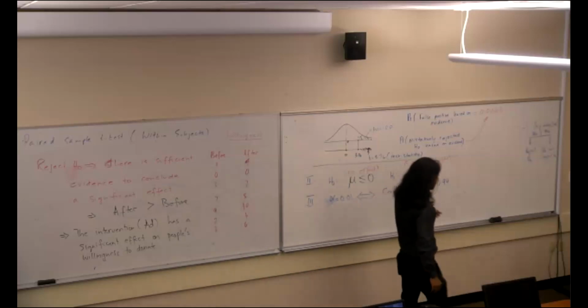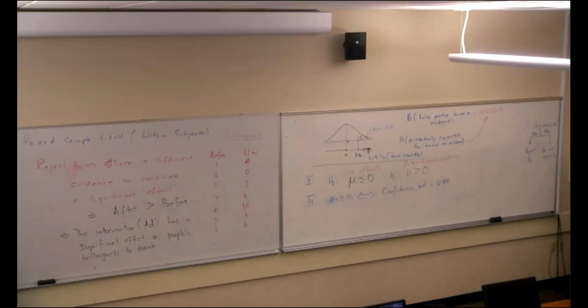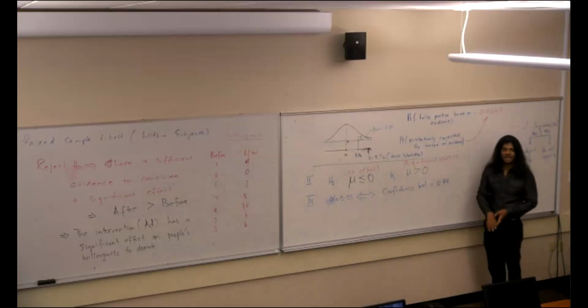There is a 48 in 10,000 chance that I could be wrong. In other words, if I repeated this experiment 10,000 times, statistically speaking, only 48 times would I conclude something different than what I have here.